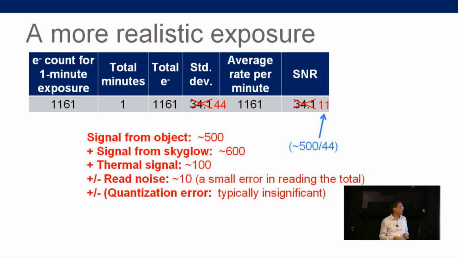And if we do the math there, our true signal, the signal that we actually want, divided by 44, which is our better estimate of the noise, we're down to a signal-to-noise ratio of 11. So we added sky glow in, and the sky glow in this case was about the same as our target photons, and it cut our signal-to-noise ratio in half.